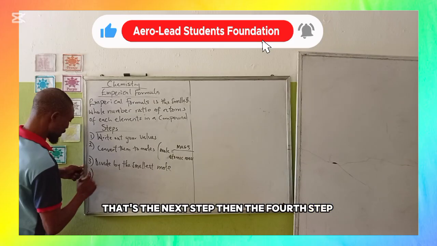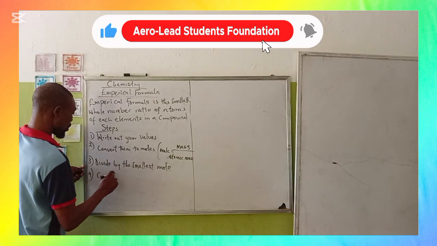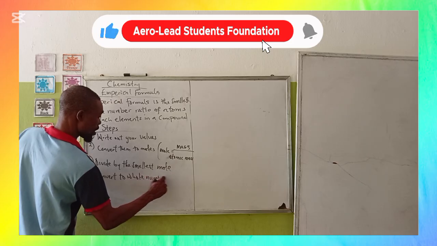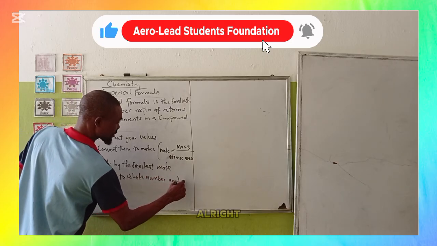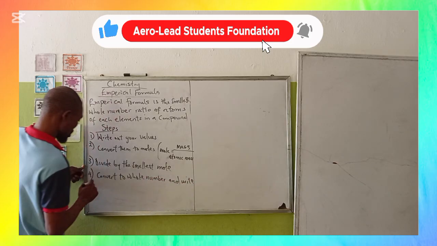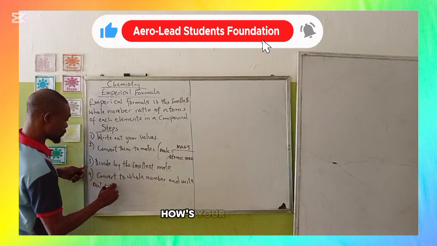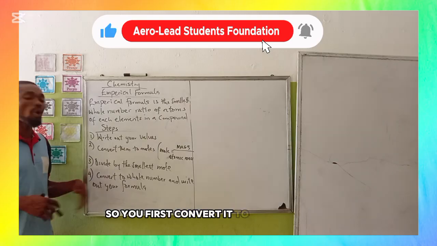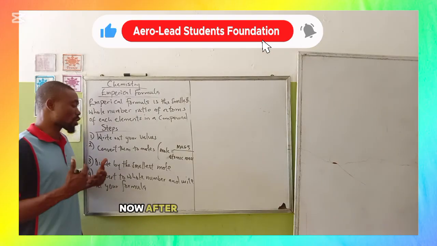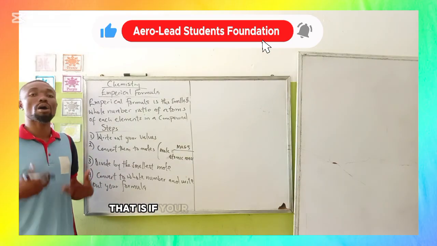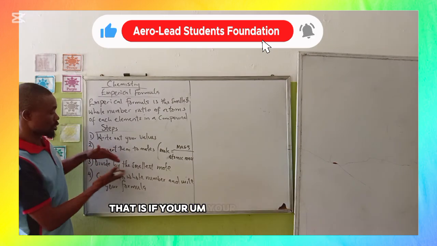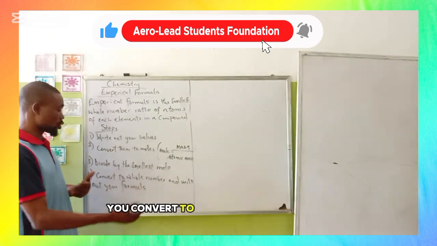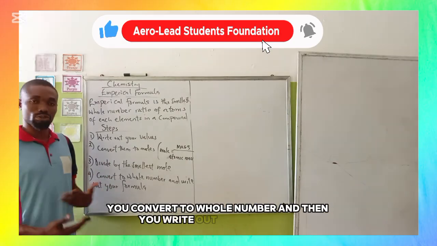Then the fourth step is to convert to a whole number and write out your formula. So after you divide your values, if it's a decimal number, you convert to a whole number and then you write out your formula.